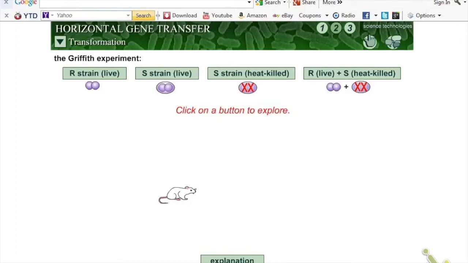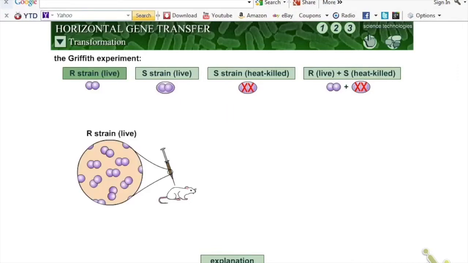So here's what happened. The unencapsulated cells of the rough or R strain of Streptococcus pneumoniae do not cause disease. When mice are injected with these cells, their immune system efficiently deals with this invader and the mice live. So the mouse survives.